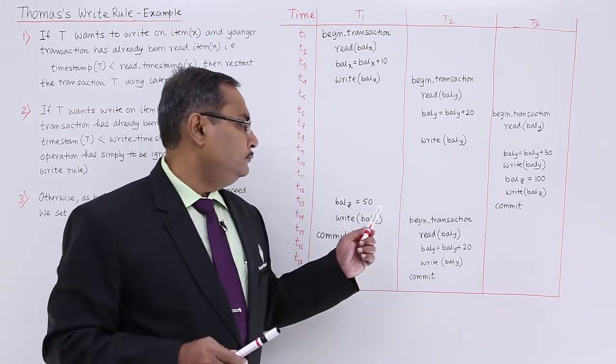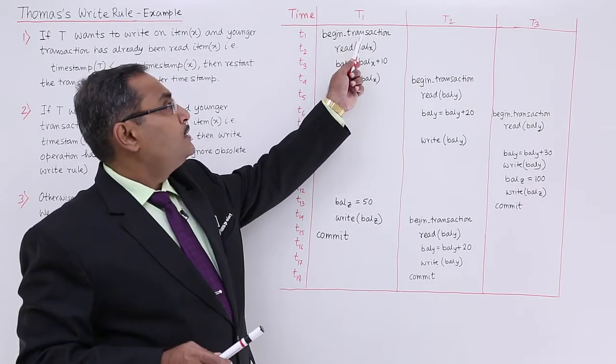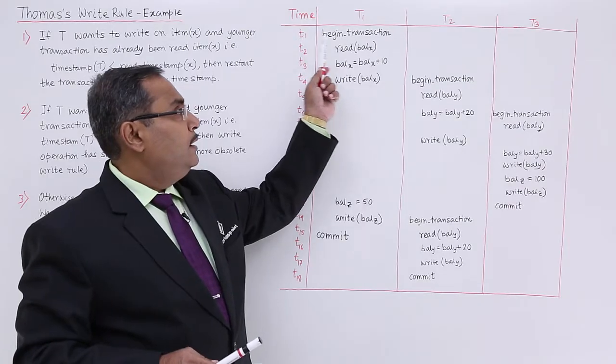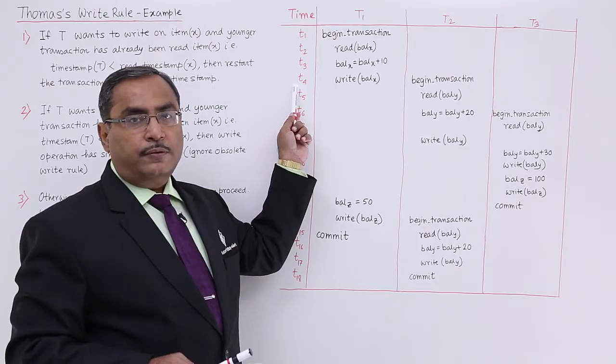Let us explain this very rule with one example. This is my older transaction T1 starting at instant T1, and T2 is the younger transaction starting at instant T4.